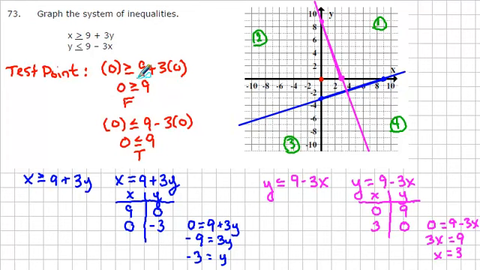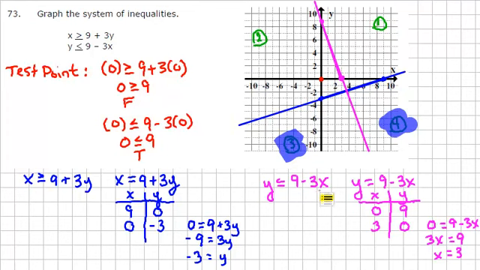We saw that the point 0, 0 does not satisfy that inequality. So we want to make sure that we include the regions that do not include the point 0, 0. So we're looking at the blue line. The half plane that does not include 0, 0 contains regions 3 and 4.